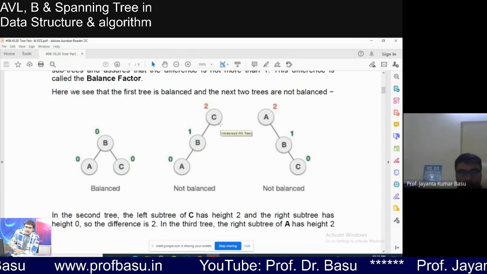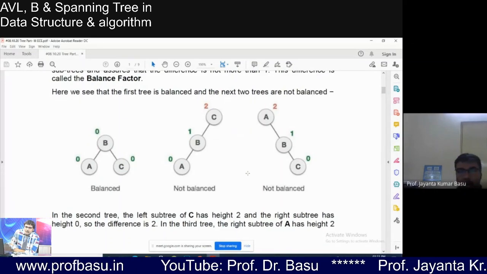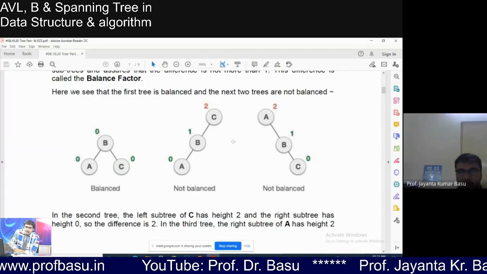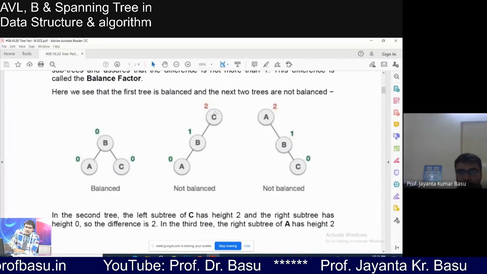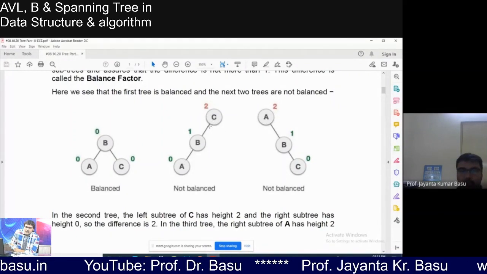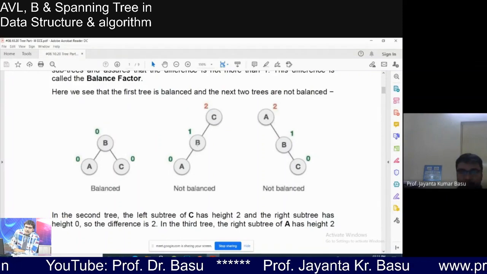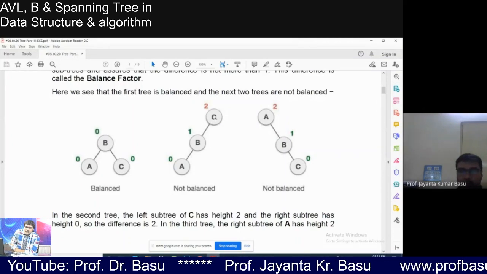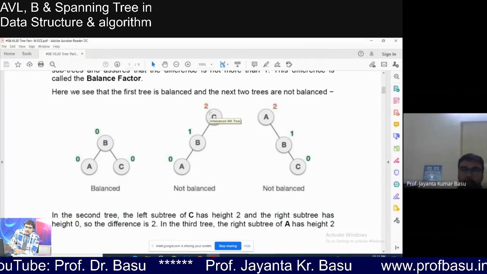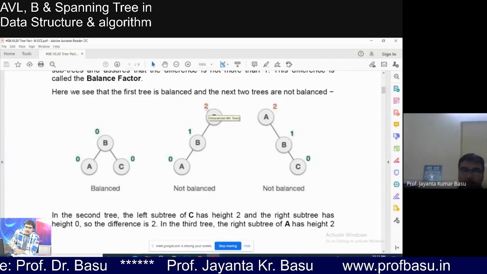Concentrate. There are no nodes on the right side of the C node, so the level is 0. So 2 minus 0 for this particular C node, so it is assigned the factor 2.